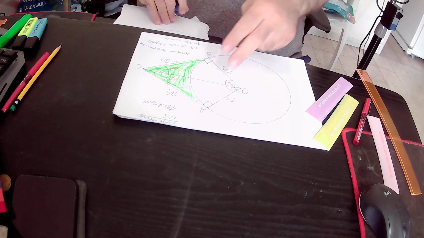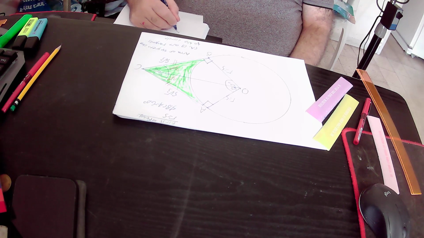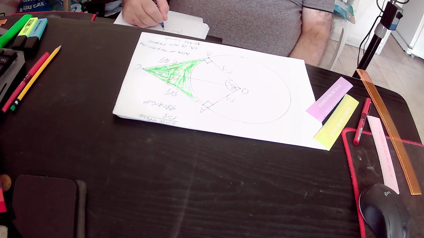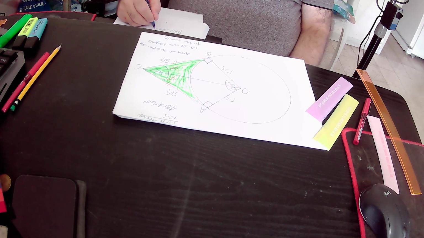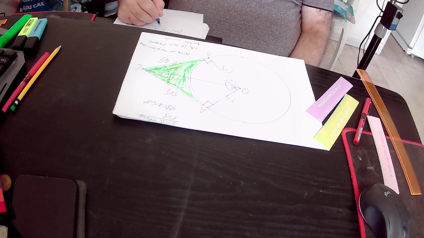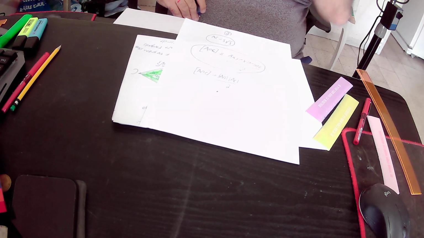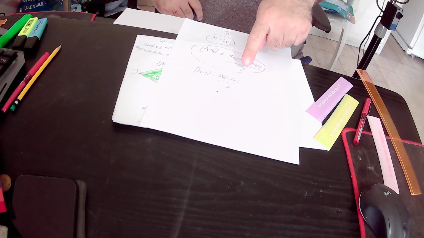So here in the drawing we can see that the area of triangle AOC equals the base, which is AO, times the height to the base, which is AC, over 2.